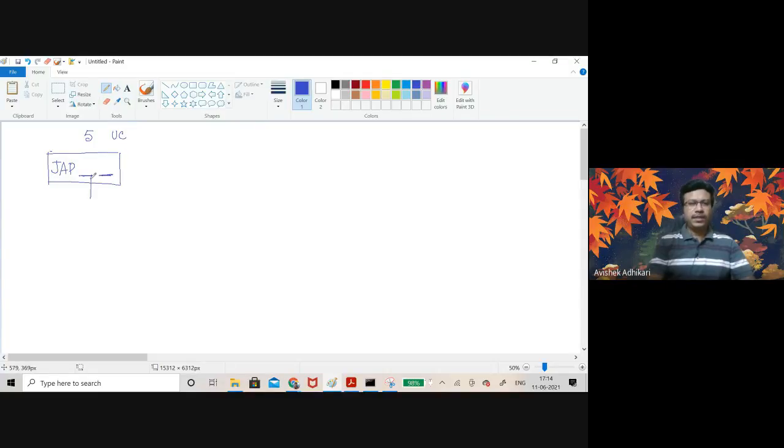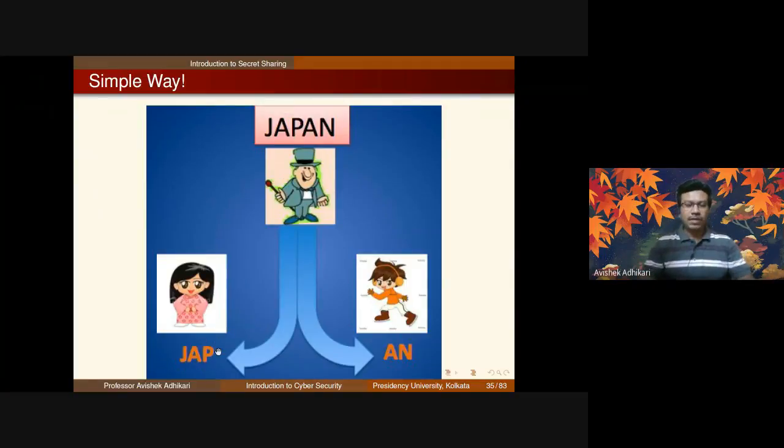Then for this place she has to guess only 26 options, and for this place also 26 options. That means altogether she has to guess 26 squared options. After trying 26 squared options, she will certainly get the whole password. That means the girl has 60% information about the password.